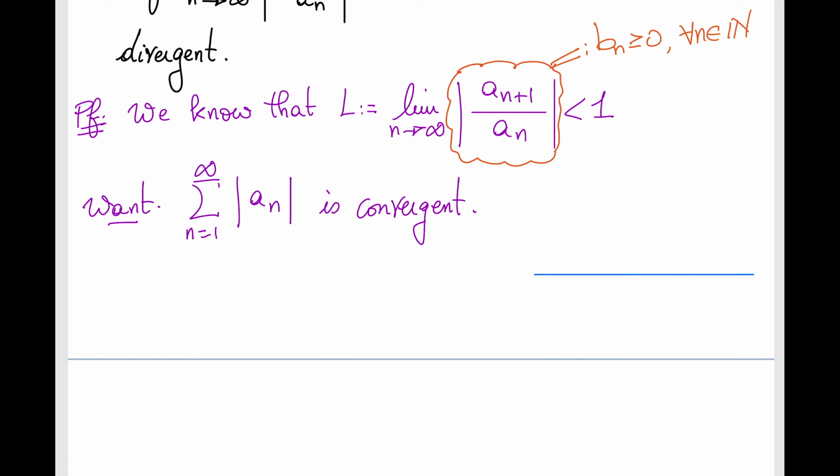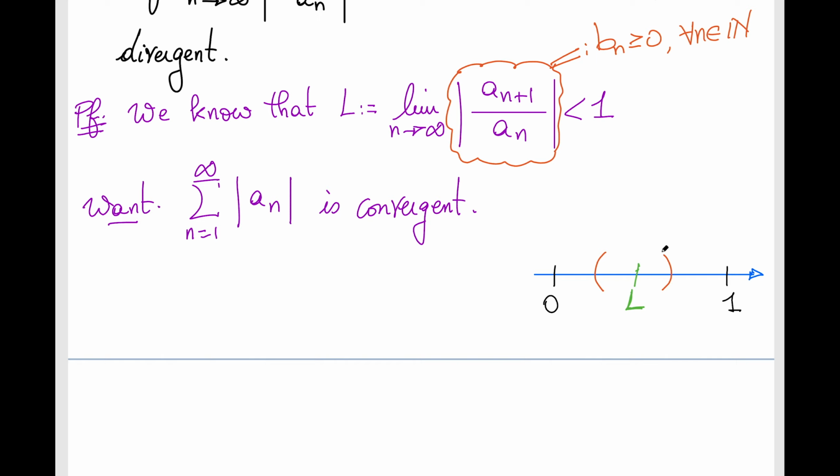It means that the sequence b_n starts being in any neighborhood of L from a certain rank on. So if this is L, this is 0, and this is 1, no matter what neighborhood you choose of that limit L, you're going to start finding the sequence b_n from a rank on.